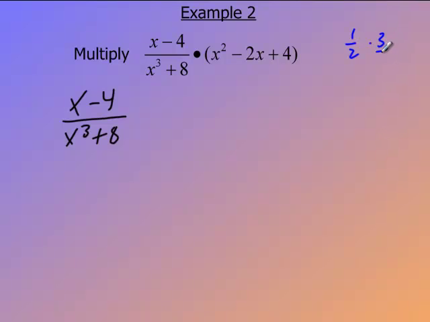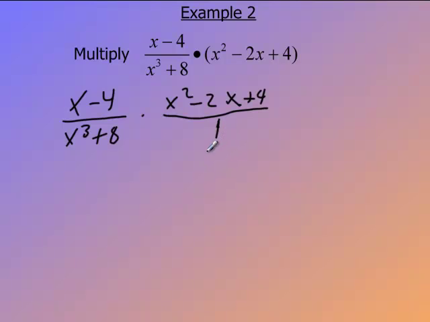Well, we'd write that as 3 over 1, okay? But this time we're doing it with a polynomial. It's going to be times x squared minus 2x plus 4, over 1. Same principle applies.